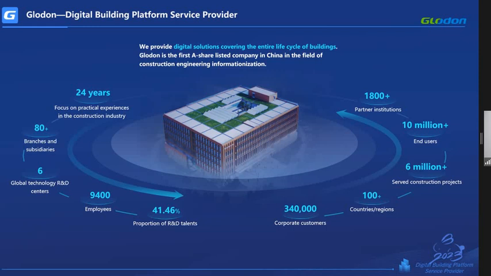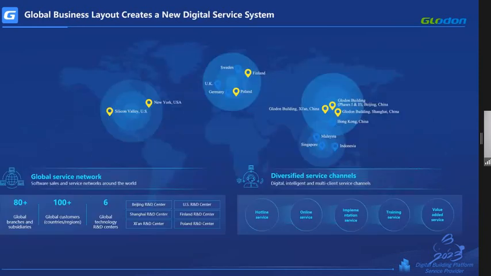We also have a lot of cooperative customers, and a lot of branches all over the world. For example, we have branches in Malaysia, Singapore, Indonesia, and also in New York and the Middle East.